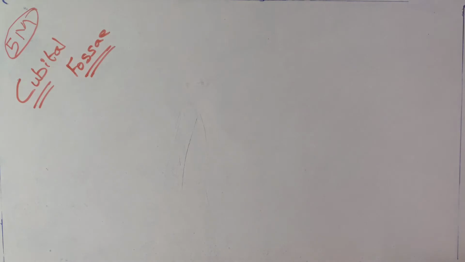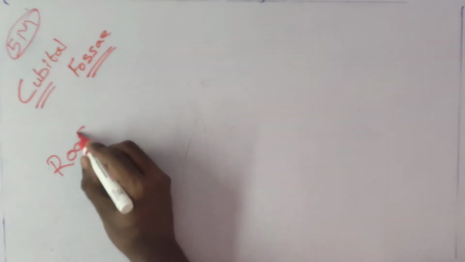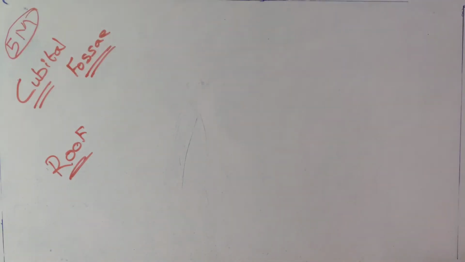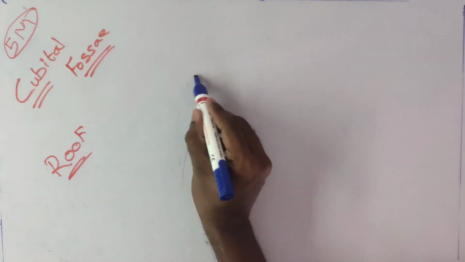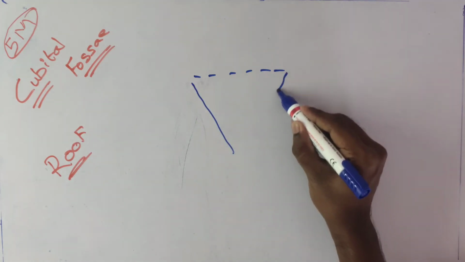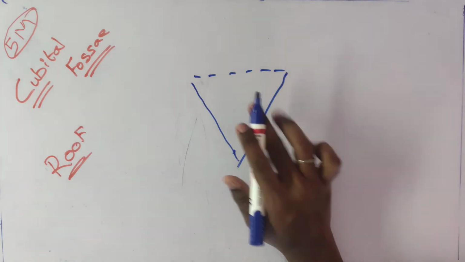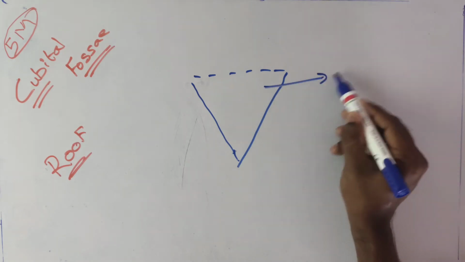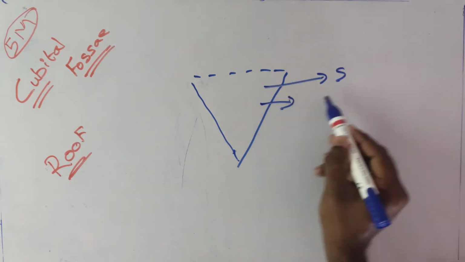Next, coming to the roof of the cubital fossa. Roof means above. At first we can see skin. Next, superficial fascia.